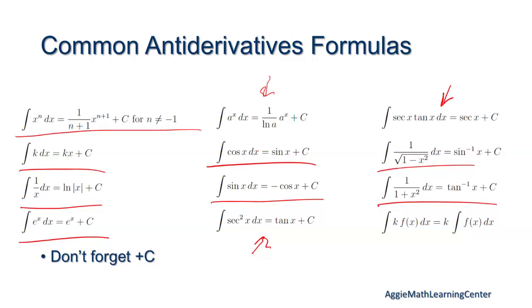But the underlined ones are the ones you're going to potentially need for the test. So I will say the negative version of this guy is the cosine inverse. If you memorize the sine version, the negative version, so the 1 over root 1 minus x squared, that's your cosine inverse. So that's kind of interesting.